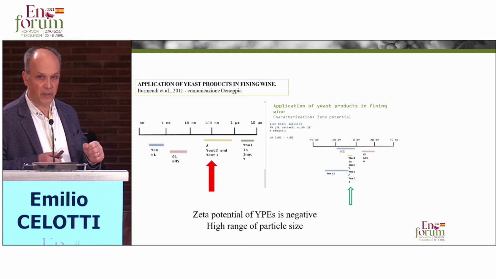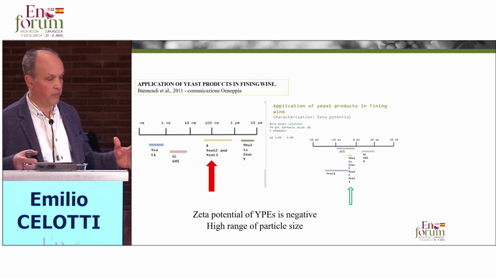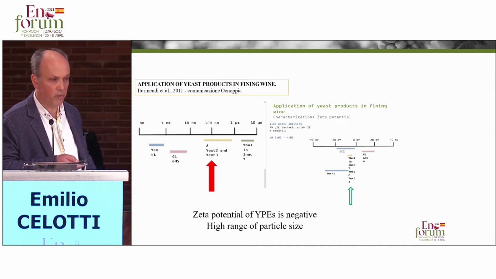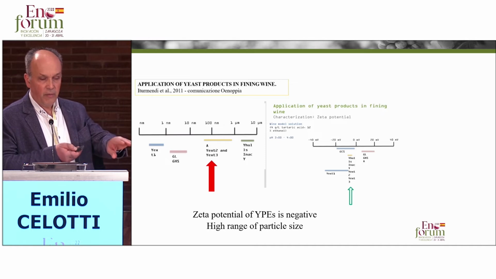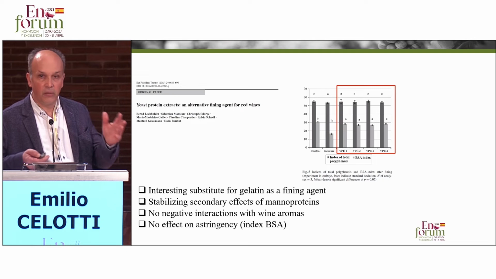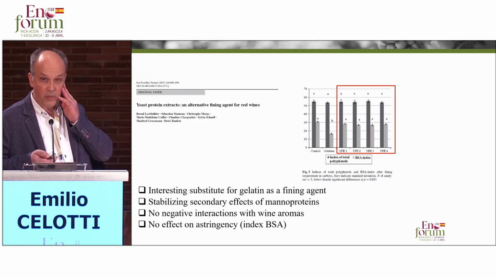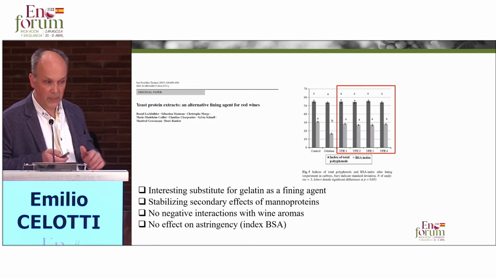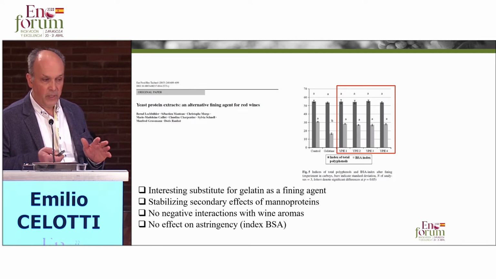I remind you that if we have the same dry weight of one colloid, we have one specific surface that can vary, and it can be very wide. Here we have a zeta potential that is negative. I don't know if in your laboratories you have this possibility of measuring zeta potential.